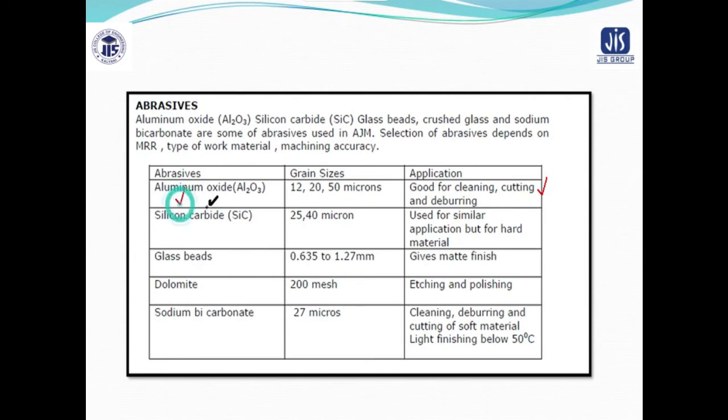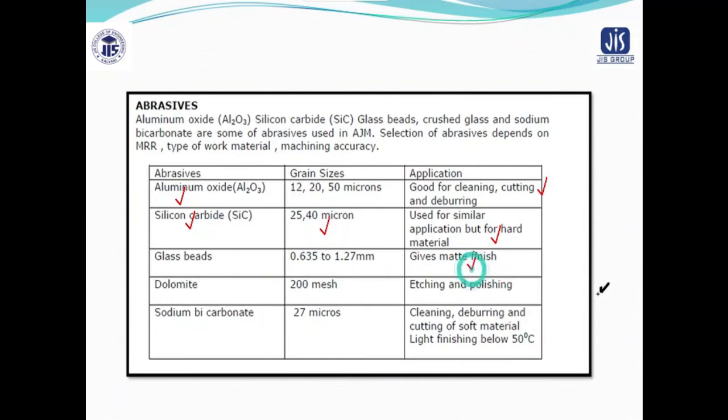Aluminium oxide, and the grain size should vary between 12, 20 or 50 microns. Now if I want to use it for a similar application on hard material, then I am going to use silicon carbide. It should vary between 25 to 40 microns.